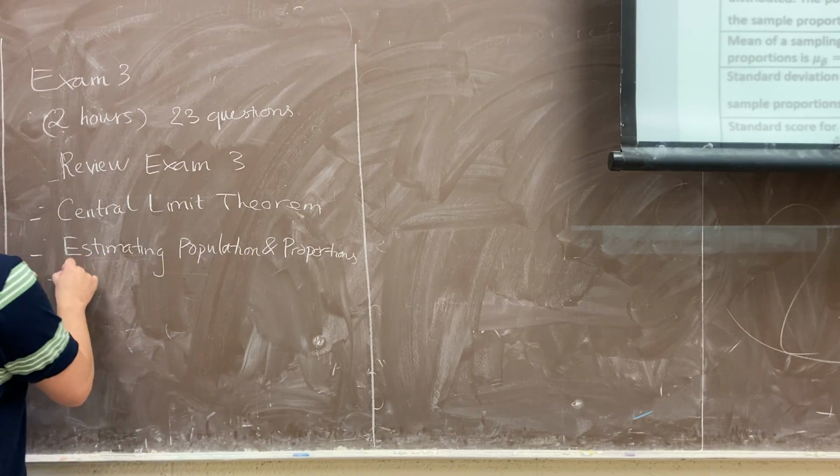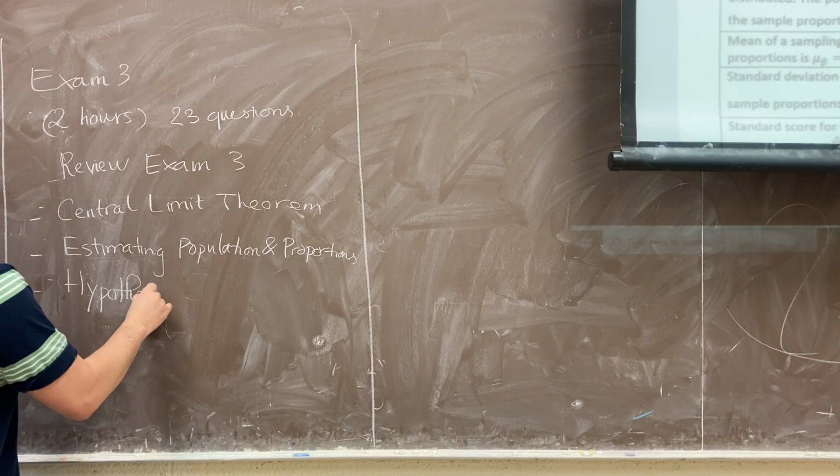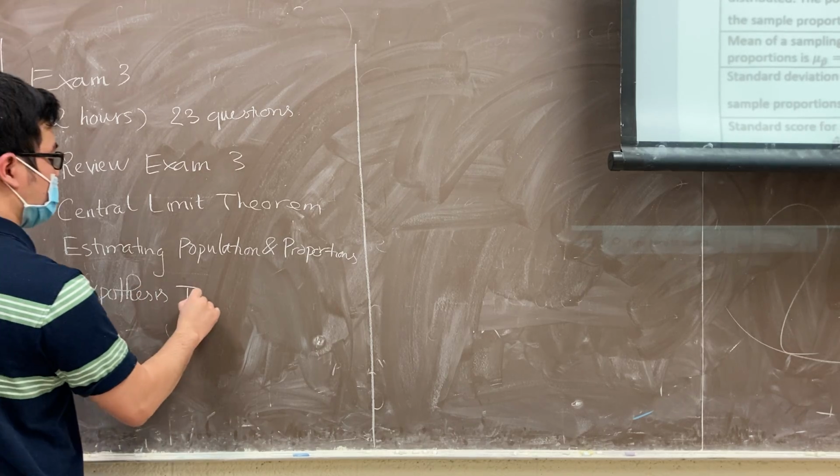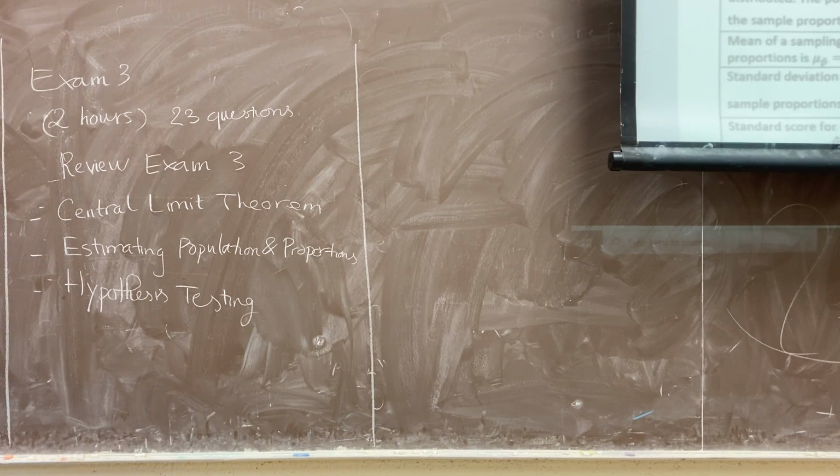And the final one is hypothesis testing, just section 10.1. Fundamentals of hypothesis testing, like what hypothesis testing is, some decisions, and what kind of error, type 1, type 2, something like this. So you have to know about the null hypothesis and alternative hypothesis. That is in chapter 10.